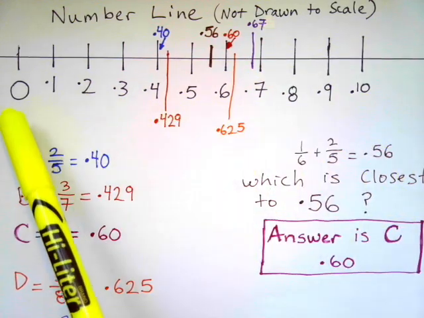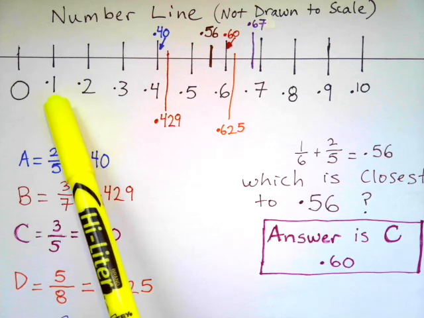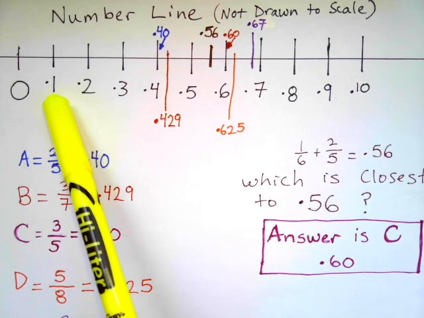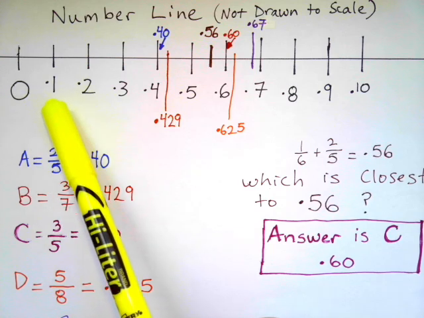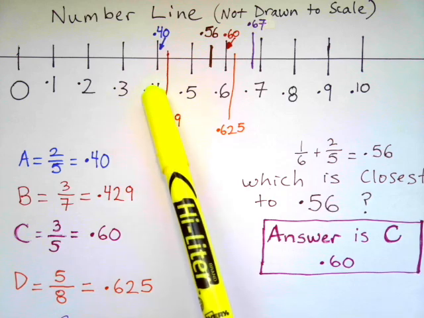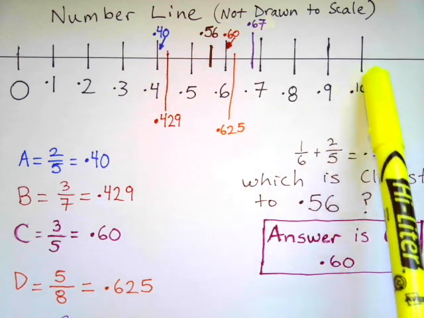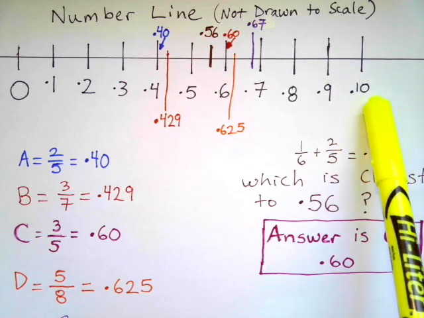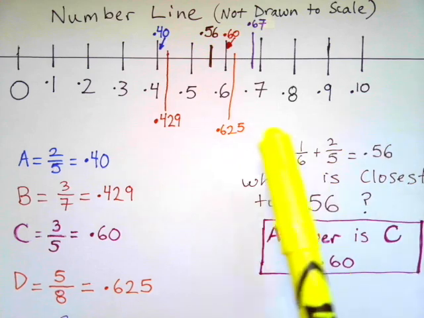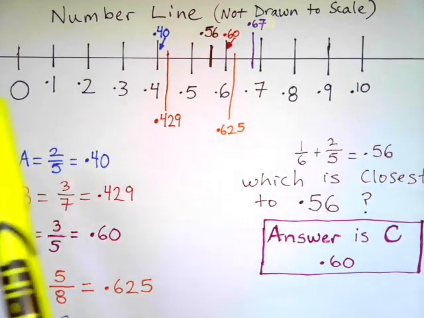And each of these values represents a tenth, a 0.1 value, 0.2, 0.3, 0.4, 0.5, 0.6, 0.7, 0.8, 0.9, and we'll say 0.10, a tenth. So I know I'm not saying that correctly, but I hope you understand what I'm trying to share with you.